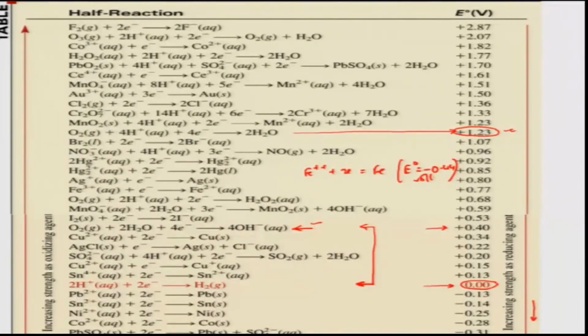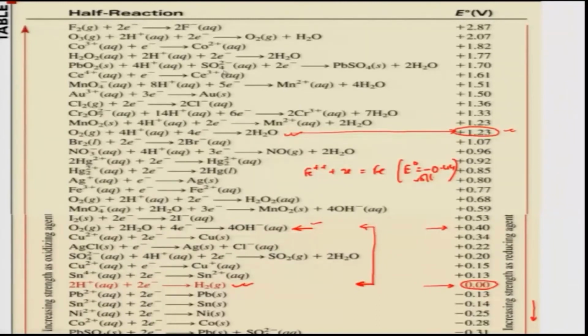So, if I have iron in acidic medium, then of course this is one cathodic reaction and this is another cathodic reaction. Both the cathodic reactions can be a possibility. So, iron would dissolve and these are the cathodic reactions. Like that way we can go down.